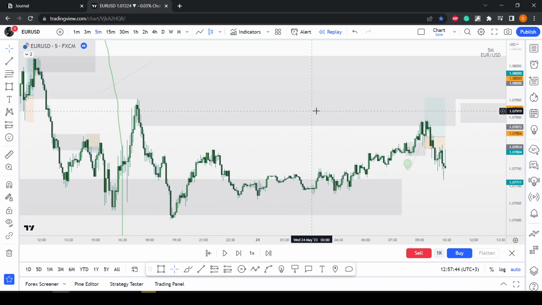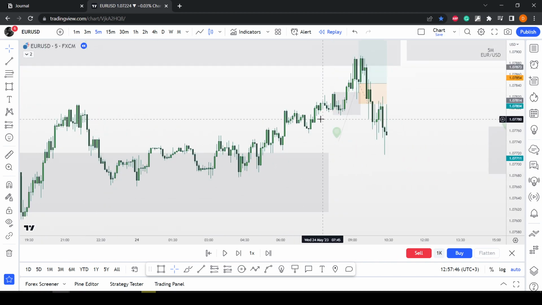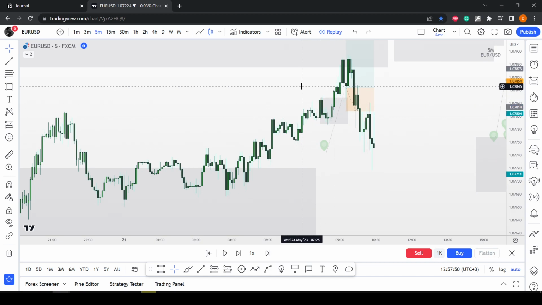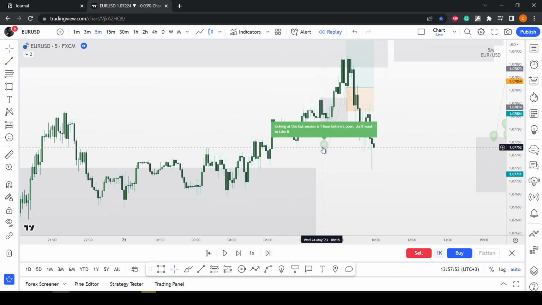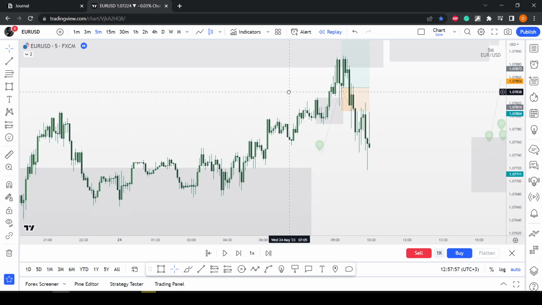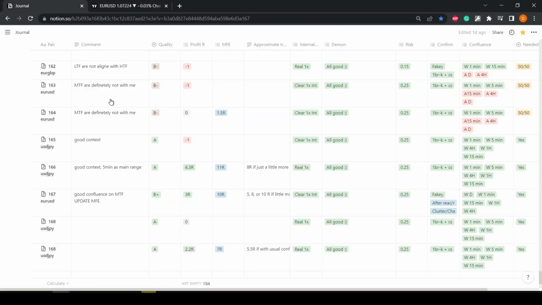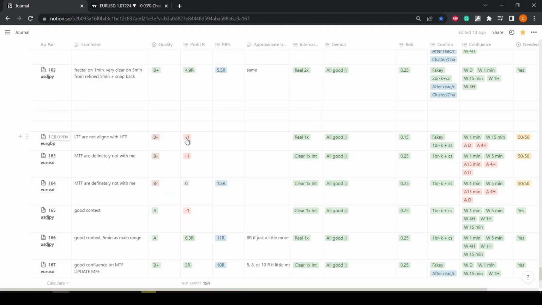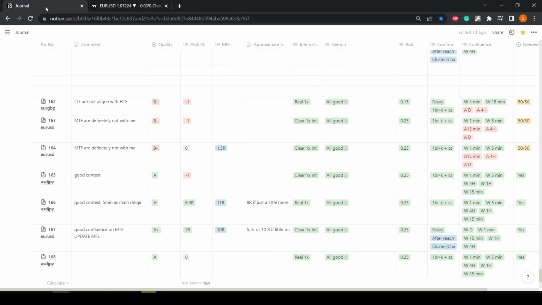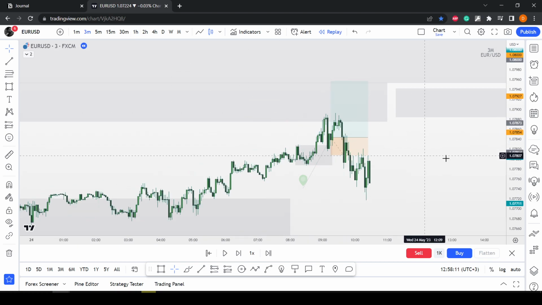But the idea was like this: it's moving up, clear shift of structure, looking at this session in 1 hour before London open, so I don't want to take it. Oh, okay, so it was not a trade then. It was not a trade. Let me check my journal. So one loser on Euro GP. Oh yeah, so it was not a trade. Okay, so let's just skip it.